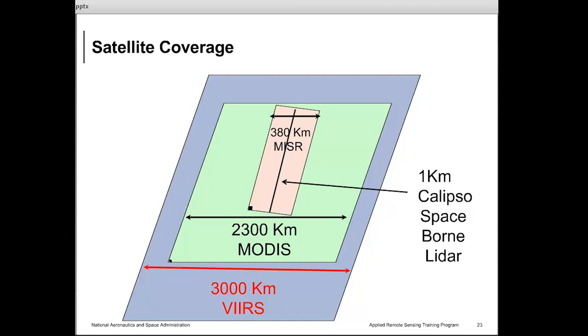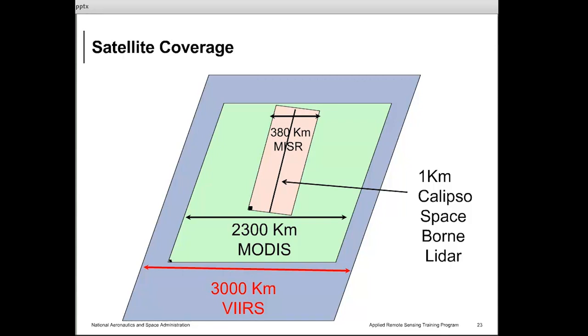The VIIRS instrument has a swath width of about 3000 kilometers. The MODIS instrument, which we'll talk about in more detail in week 2, has about 2300 kilometers swath width. Then MISR, which is another instrument with multi-angle capabilities, has a 380 kilometer swath width.